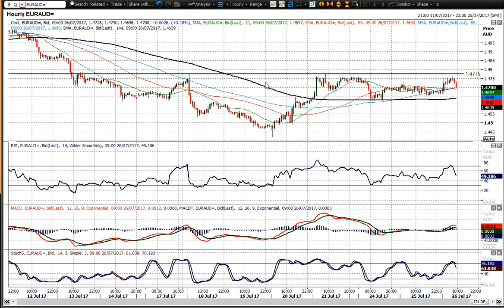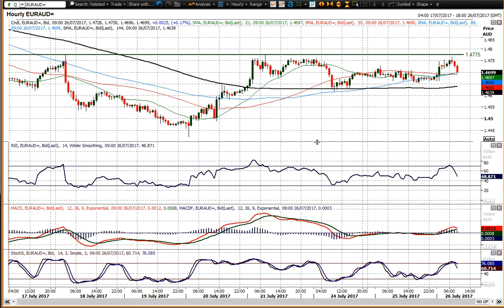The hourly chart just looks more range bound, really, and in the last week or so it is trading between that 46 figure area up towards 47.75, and the market is buzzing around between that.